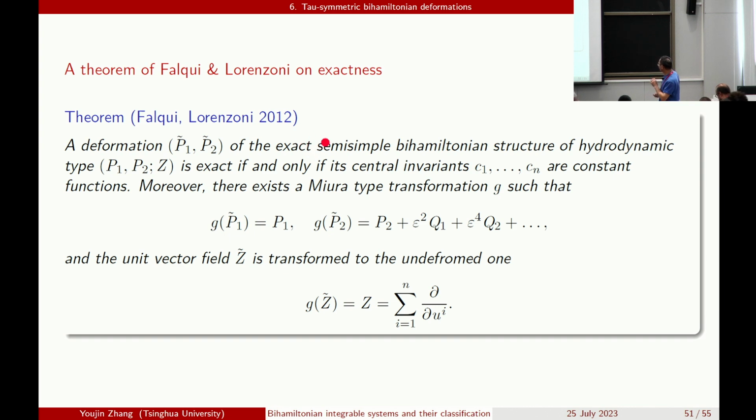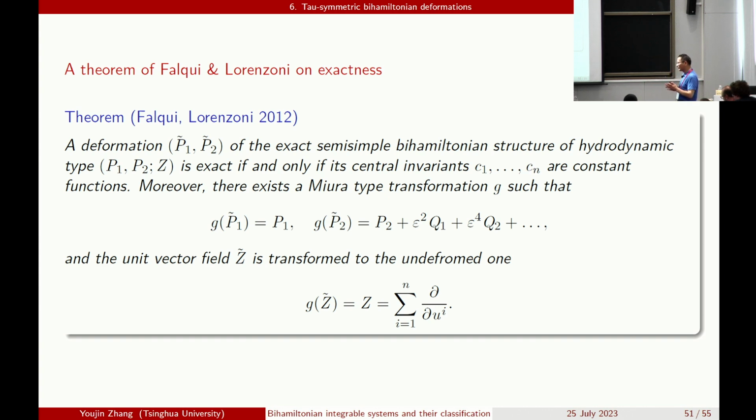These deformations are characterized by their central invariants, c1 to cn, which are functions of one variable. Then it turns out that if you require that this deformed bihamiltonian structure is still exact, then these central invariants should be constant. This means c1 to cn cannot be chosen arbitrarily.